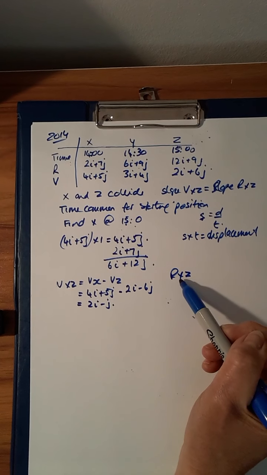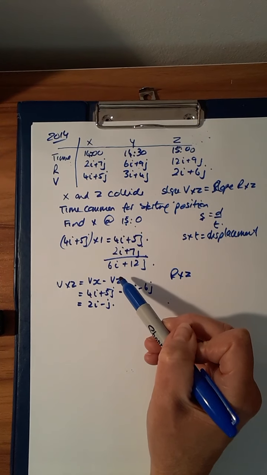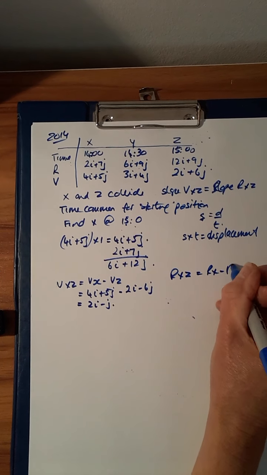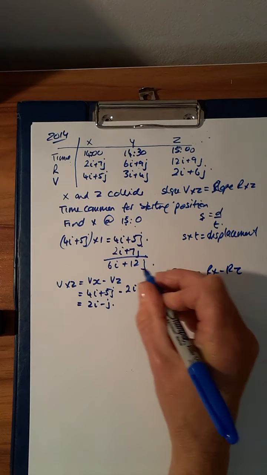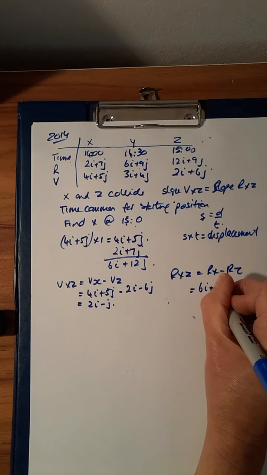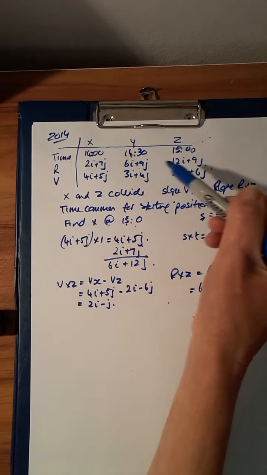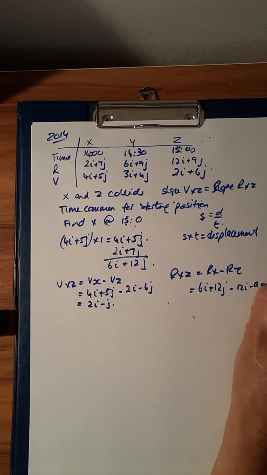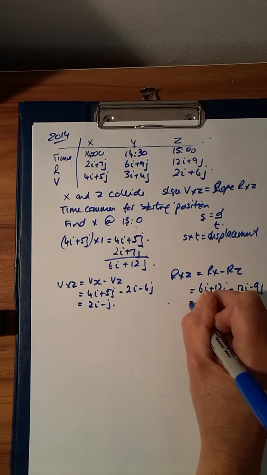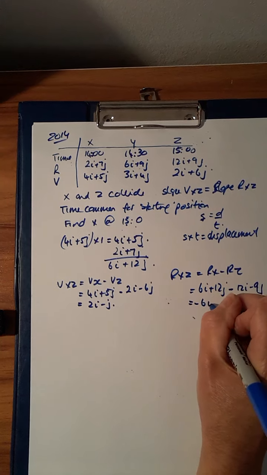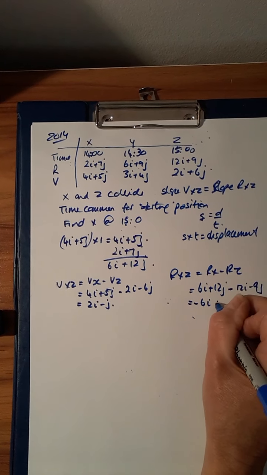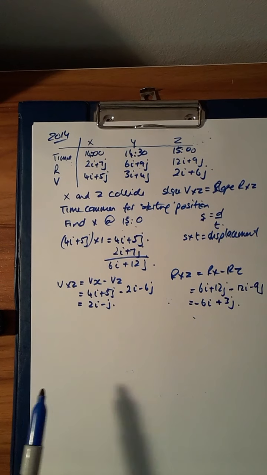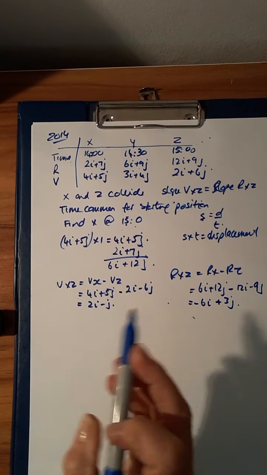So x's position, remember, is now 6i plus 12j, so it's rx minus rz. rx's position is 6i plus 12j, minus z's position, which is 12i minus 9j. And when I work that out, I'll get minus 6i plus 3j.